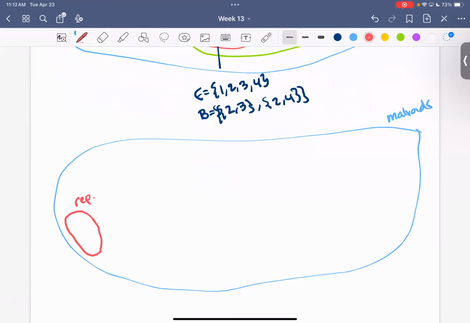As the ground set gets bigger and bigger, most of them are not representable. And then inside of here is an even smaller circle of the graphic matroids. So there are matroids here, things that are representable but not graphic, and then also things out here that are matroids, but they are not representable. And all graphic matroids are representable.